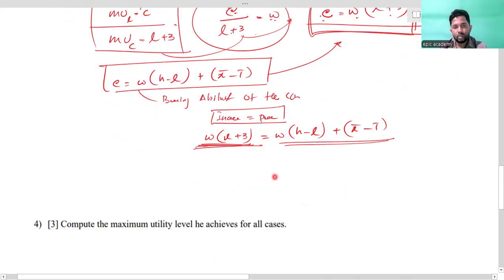Then you can identify each and every point. So in here we can solve that equation. Multiply W within the brackets: WL plus W3, isn't it? Equal. From in here you can do the same thing: WH minus WL also will be there, plus within brackets phi minus T.